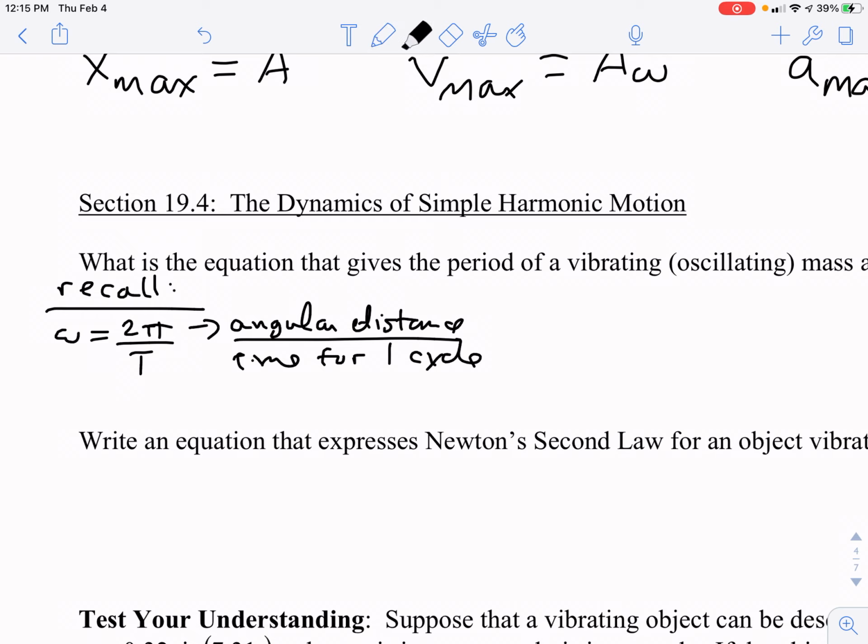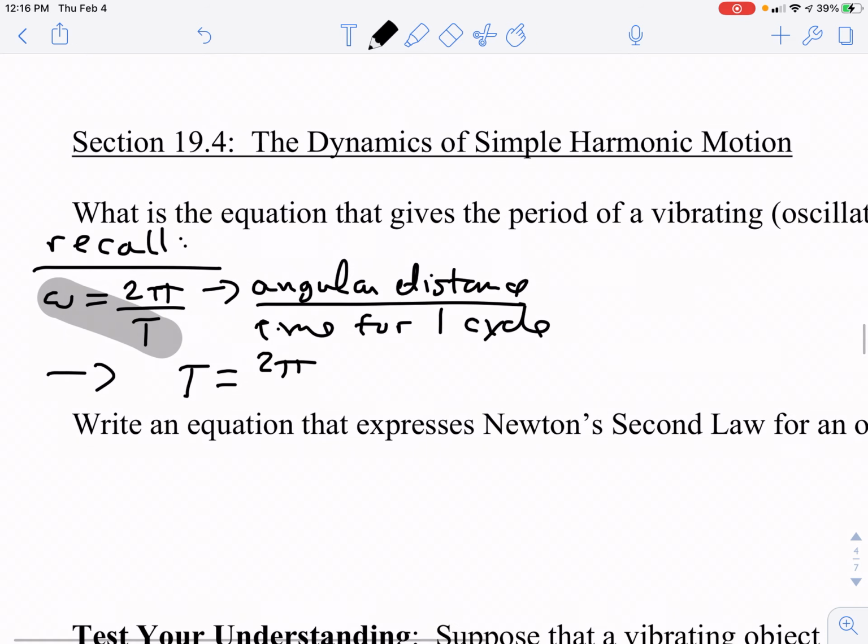Now, what we could do is switch this and we get a very generic equation for period. The period of any oscillator, it doesn't matter what it is, mass spring system, pendulum, you name it, the period of any simple harmonic motion oscillator is 2 pi over omega. Let's put a box around that because that's going to become handy from time to time.